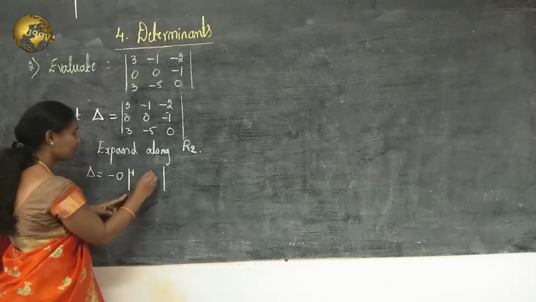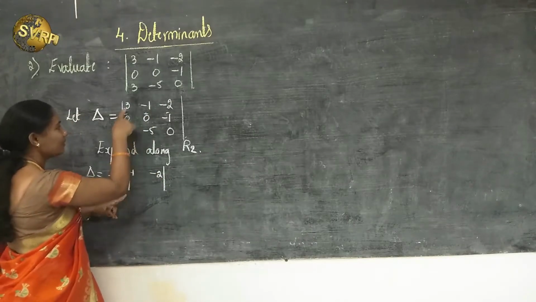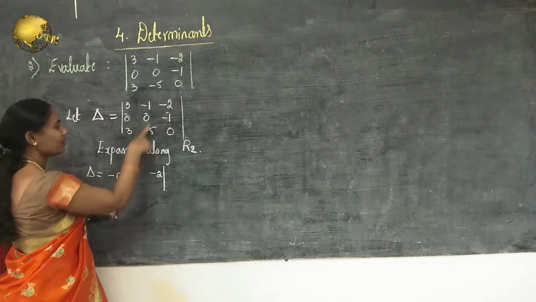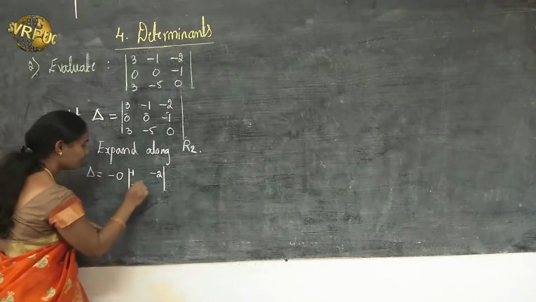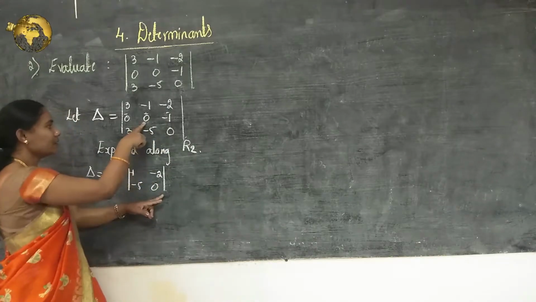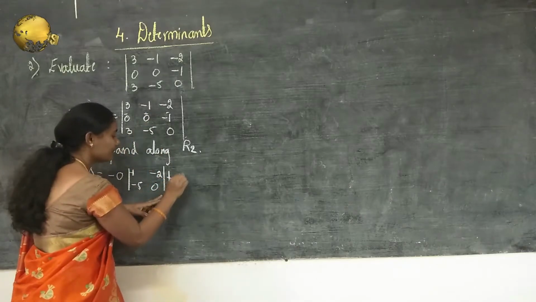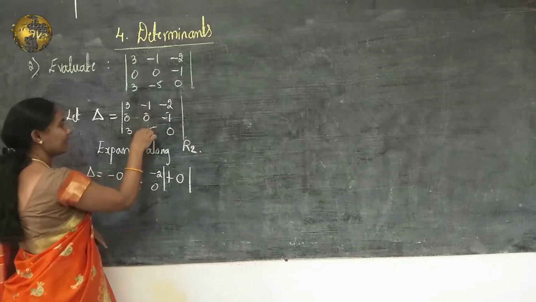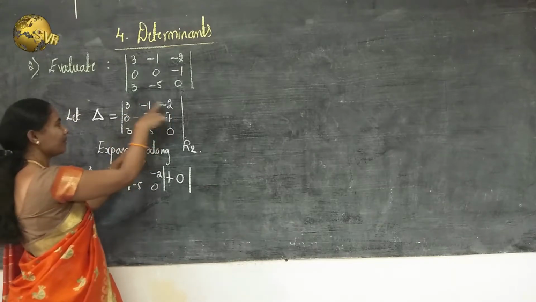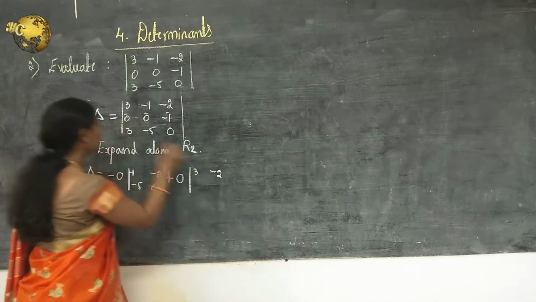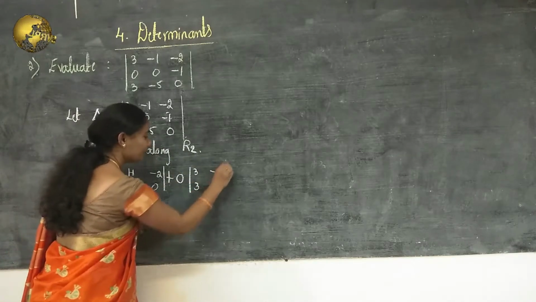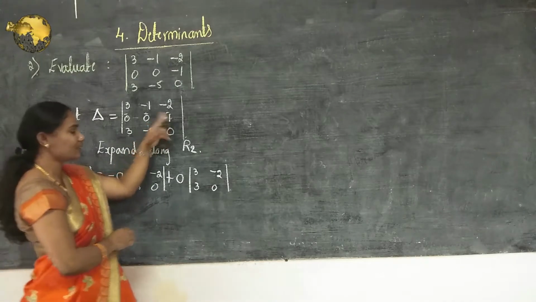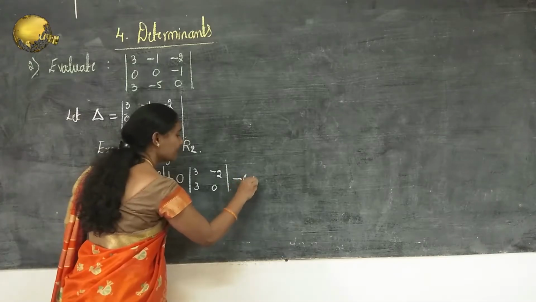Minus 1, minus 2, minus 5, 0. And then the position sign is plus, 0 into determinant of, it belongs to second row, second column, and neglecting that, the remaining elements are 3, minus 2, 3, 0. And then here minus 1 is there, the position sign is minus, so I'll write minus 1.